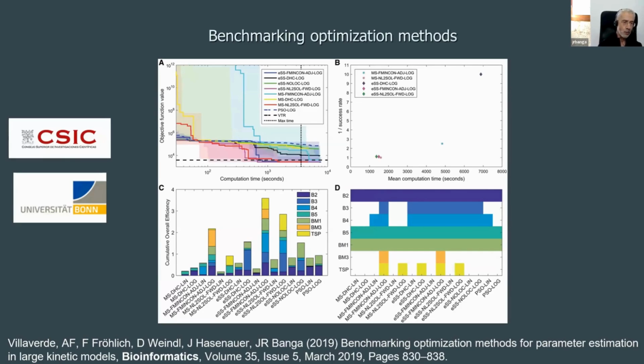And with our colleagues, we applied scatter search and other supposedly state-of-the-art methods to the calibration of large-scale dynamic models of systems biology processes. And considering all the benchmarking, again, scatter search as implemented in MEIGO was the best performing approach.